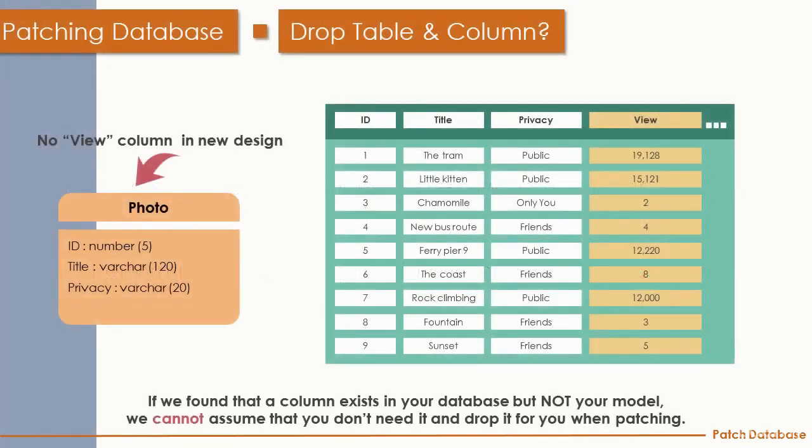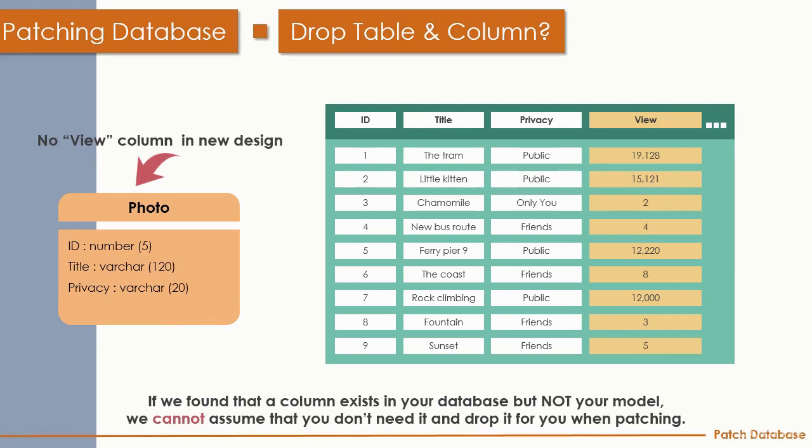Then how would it happen? When we analyze the database and your design, if we find that there is a column in your database, but it doesn't show up in the entity in your ERD, we cannot, as Visual Paradigm, assume that you don't need this column. Maybe you manually went to the database to create a column to fix some urgent issue.